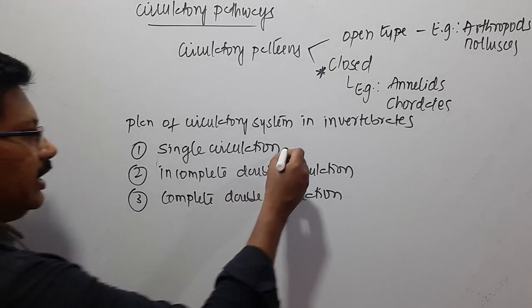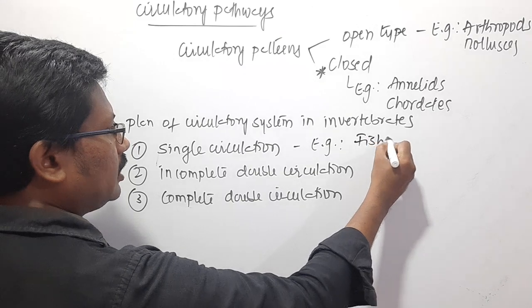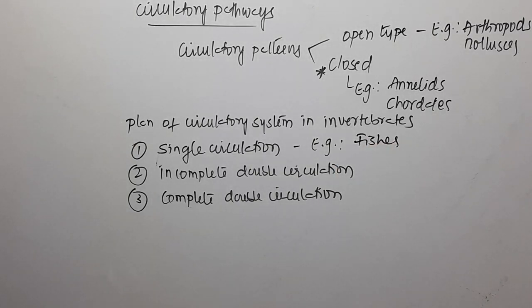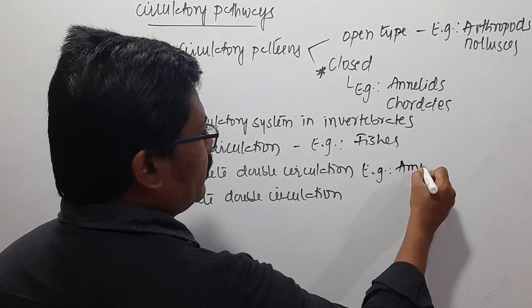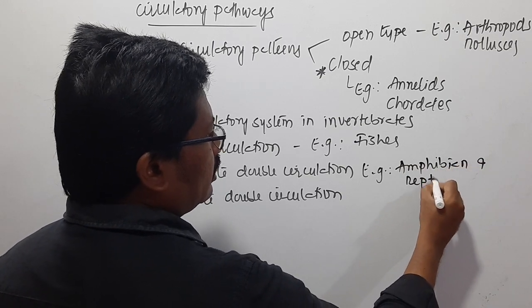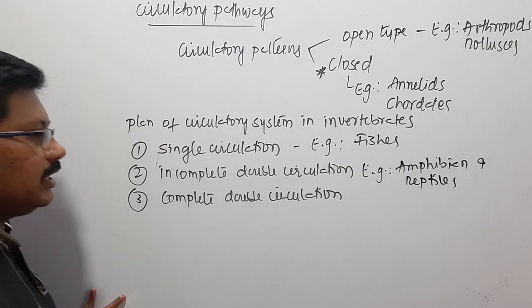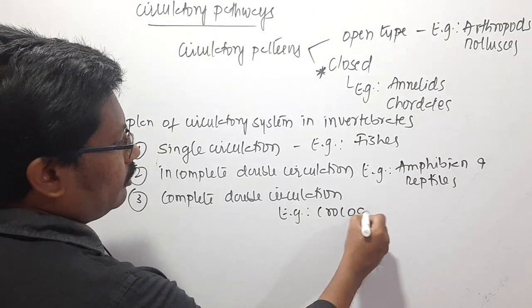I'll give you here only examples. The single circulation is seen in the case of fishes. Incomplete double circulation you will see in the case of amphibians and reptiles, and complete double circulation you may see in the case of crocodiles.